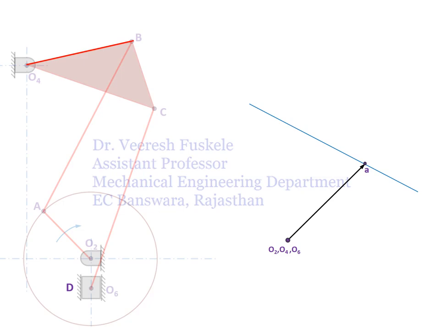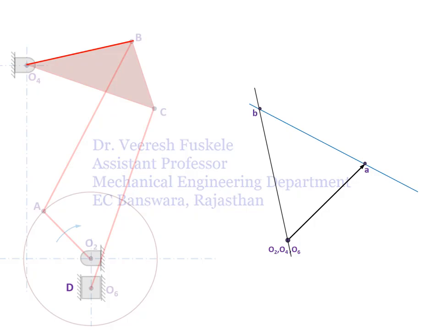The velocity vector of O4B will be perpendicular to the link O4B as shown here. So, by the intersection of the velocity vectors of O4B and AB, we get the point B in the velocity diagram.